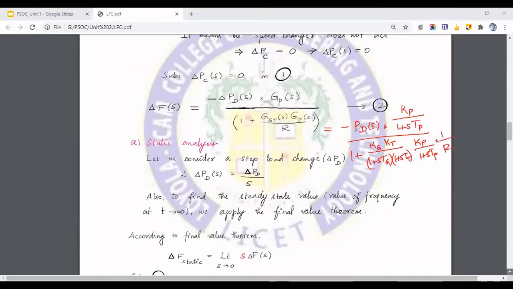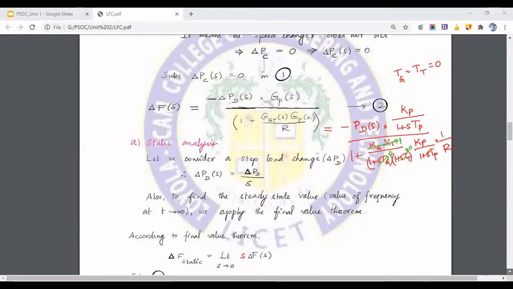For the dynamic case, I am going to consider Tg and Tt to be equal to 0. So this happens to be 0, and we already have a general assumption that Kg Kt is approximately equal to 1.